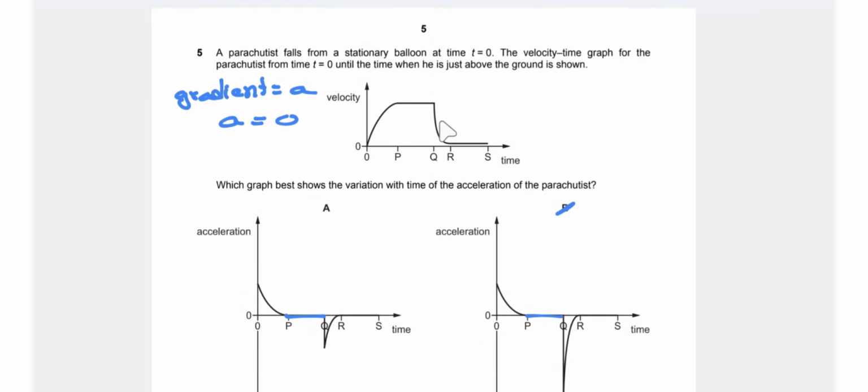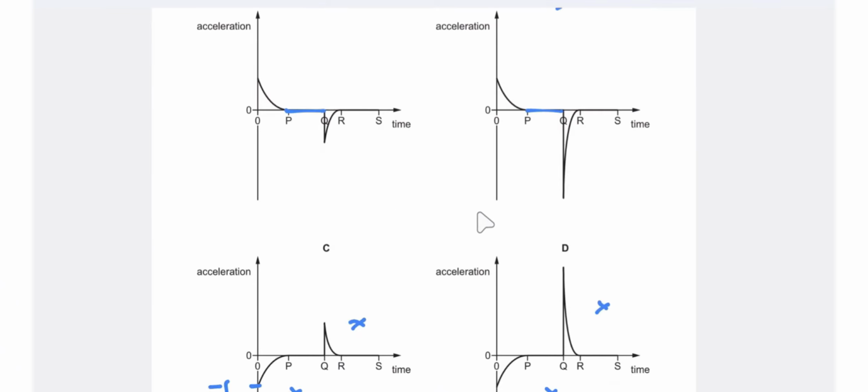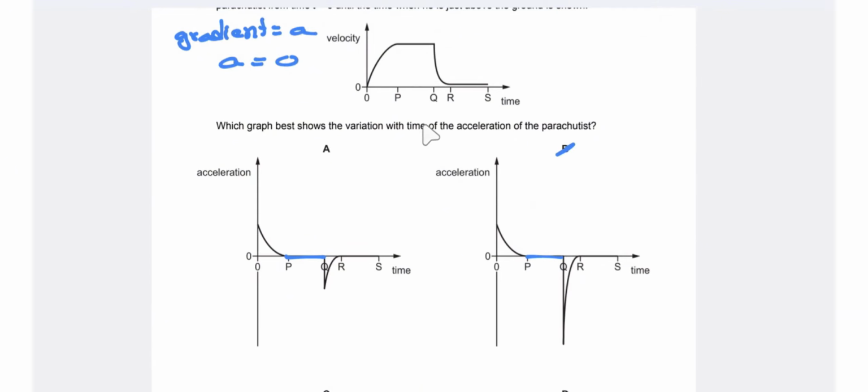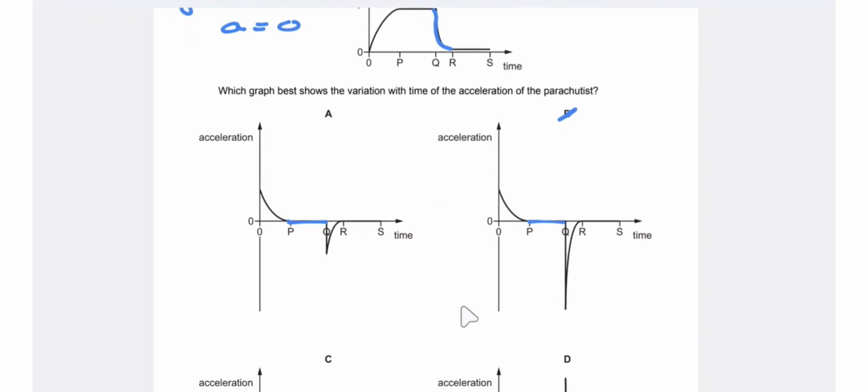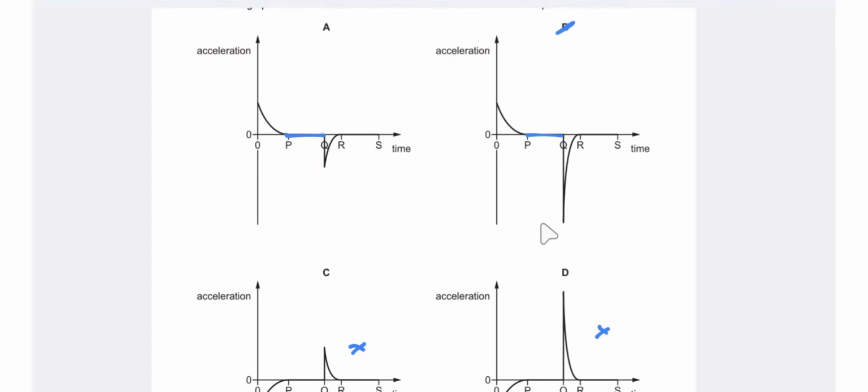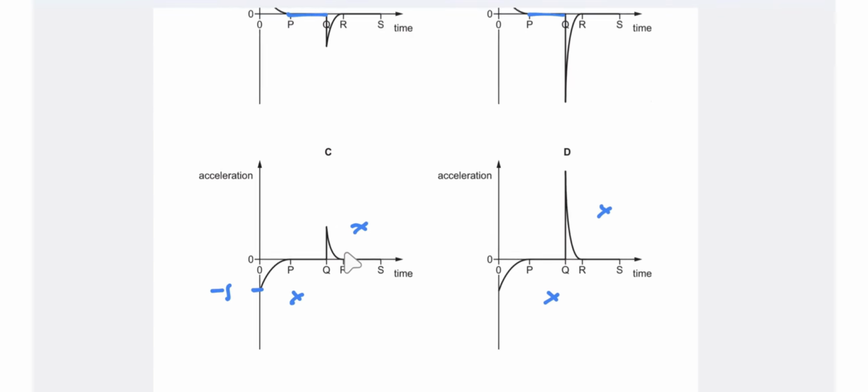Since the direction is negative, the acceleration should be negative and decrease. So from point Q to R, the acceleration is negative and the acceleration decreases.